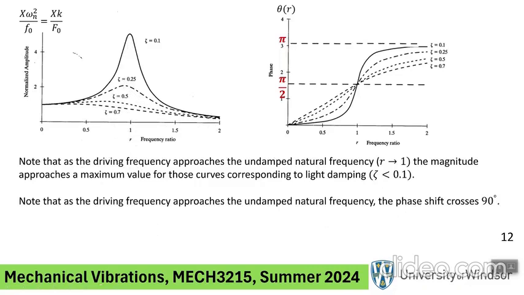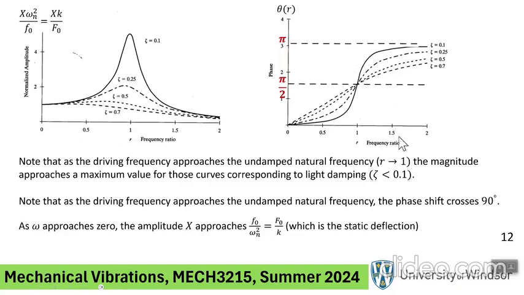As the driving frequency approaches the undamped natural frequency, as R equals 1, the phase shift crosses 90 degrees. You can see that. We already mentioned this, and that's irrespective of the value of the damping.